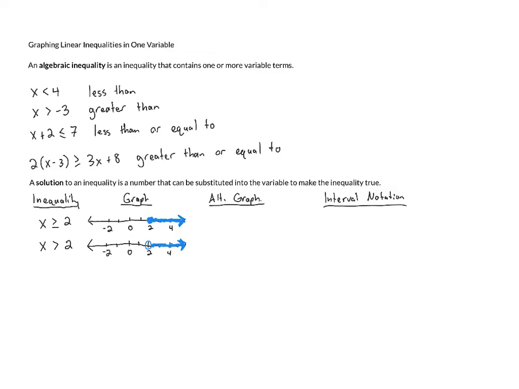All right, so we have two graphs. We've got x is greater than or equal to 2, and x is greater than 2. I want to now jump to the next column, alternate graph, because there's another way to draw these graphs. There's two ways that different books cover these.